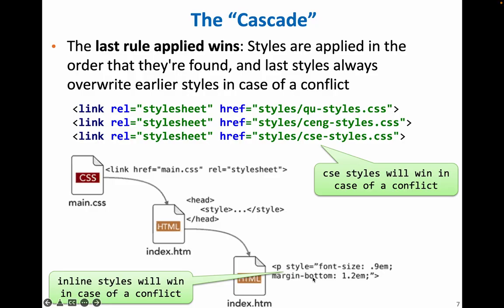Again, the inline style will win in this case, because maybe for all your web pages you want a specific style for your paragraphs, but maybe there's a single page that you want to be different than the others. So in that one you want to override that rule only for that web page.